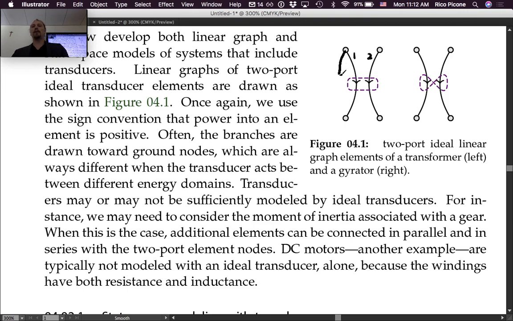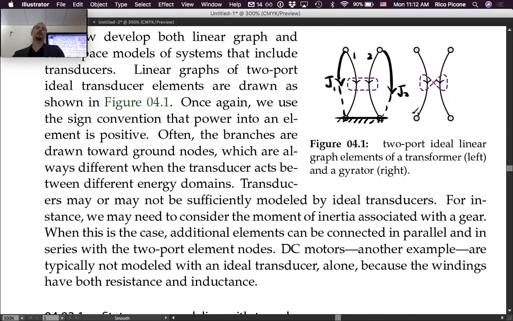So we would then put in a J1, for instance. We might call it J1. And a J2 on here. And these would be shared.